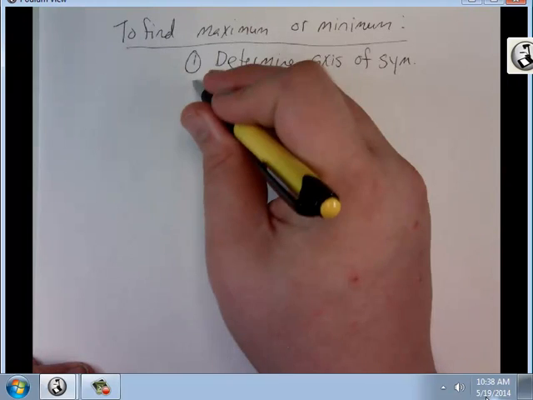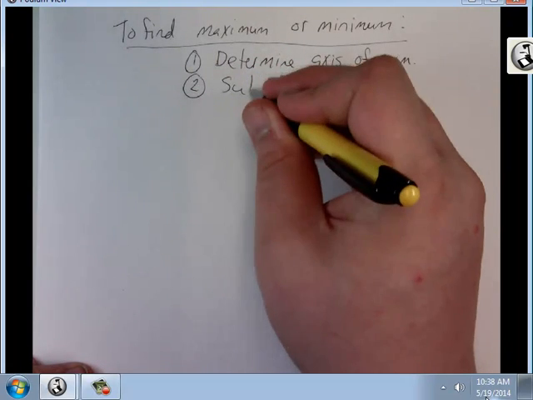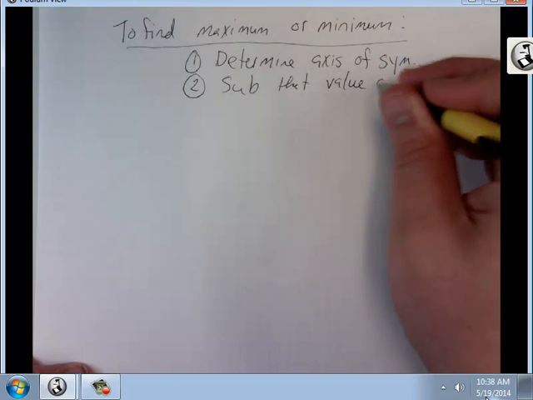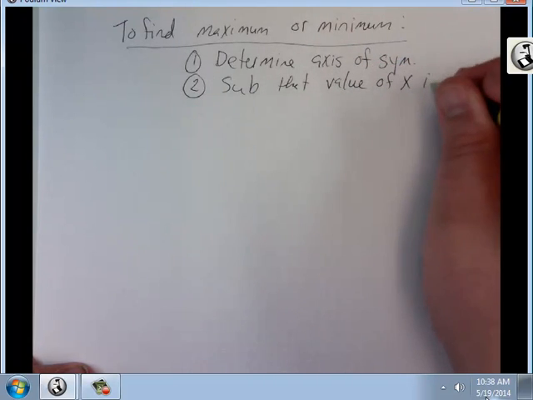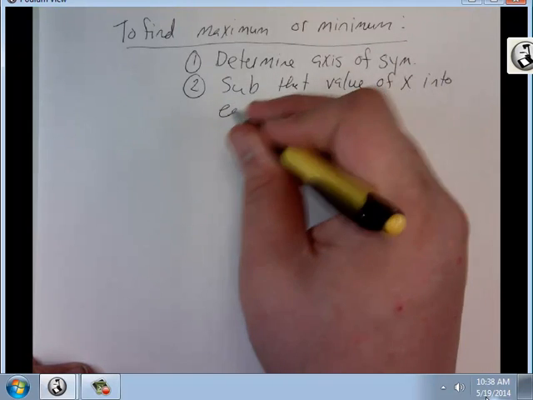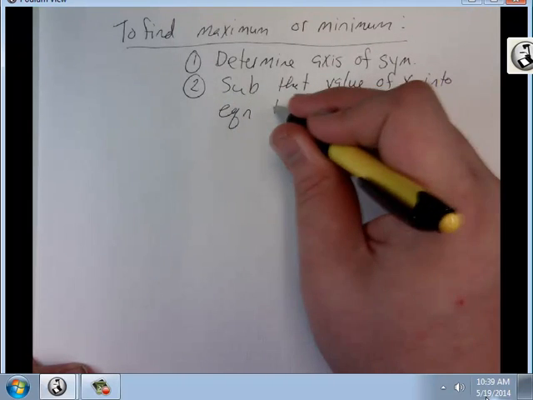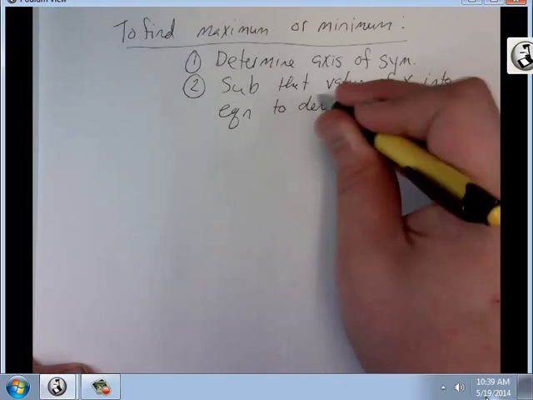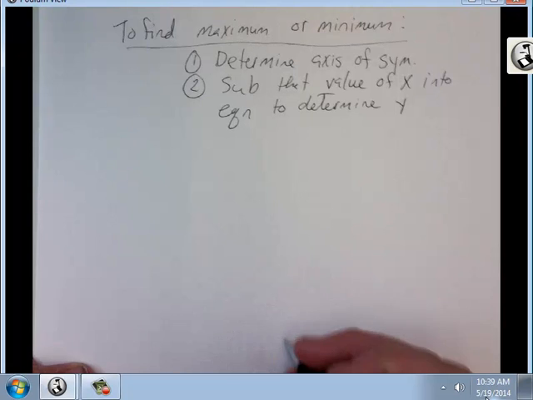Then, sub that value of x into the equation to determine y.